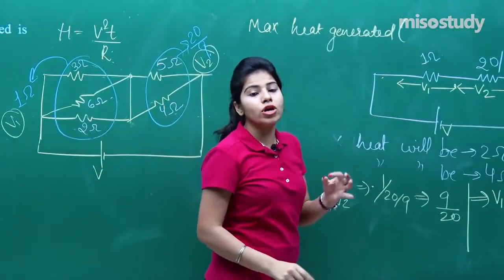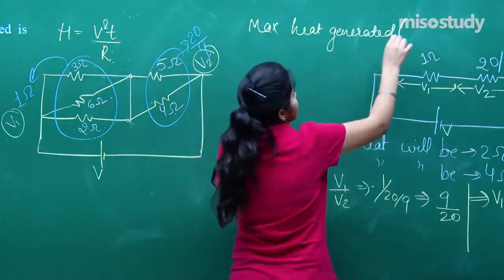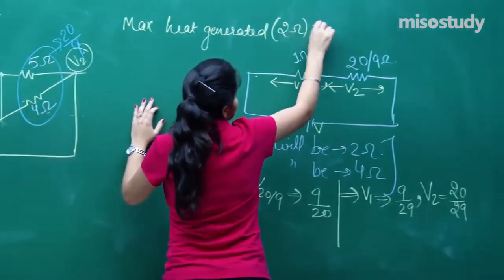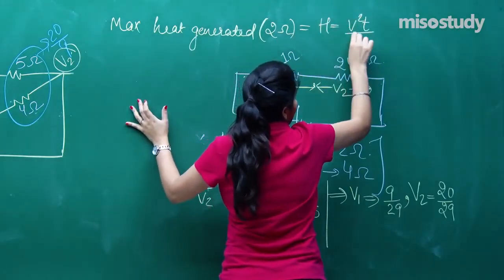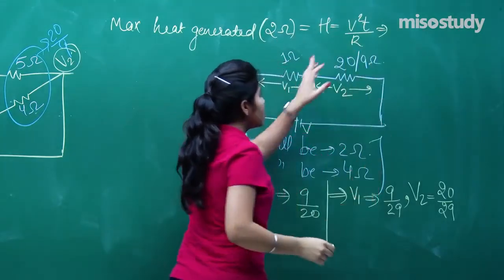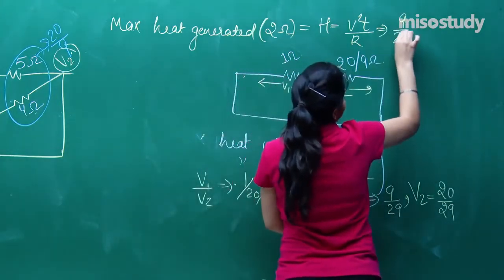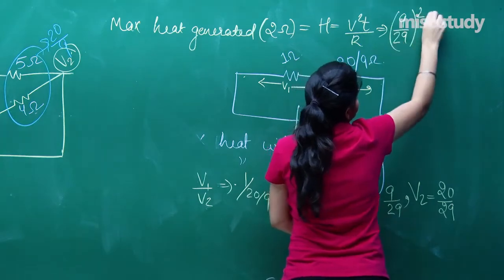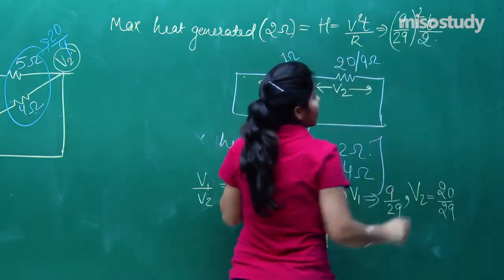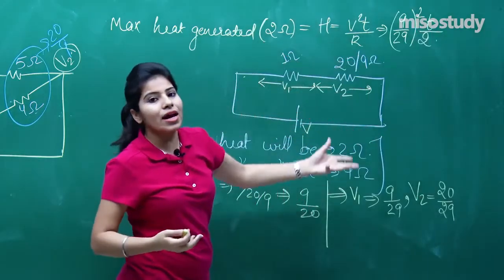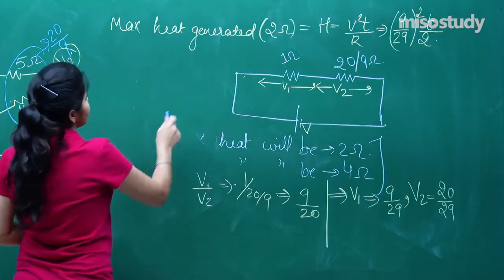Because I am talking about V1, that means I am talking about the 2 ohm resistance. So across the 2 ohm resistor, H equals V square T by R. Here V will be V1, so 9 by 29 whole square T by R. Your R will be 2, right? So 81 by 29 square, that will be the heat generated across the 2 ohm resistance.